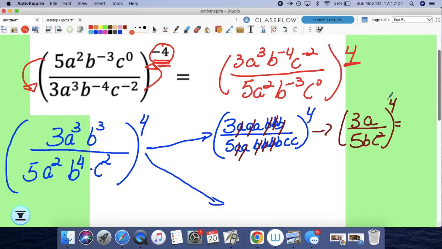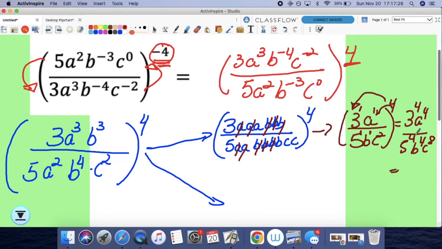From that, I can multiply the 4 times this little 1, the 4 times this little 1, the 4 times this little 1 here, and the little 1 in front of the exponent of b, and c squared. That would be the only one, which would be times 2. So my final answer would be 3 to the fourth power, a to the fourth power, over 5 to the fourth power, b to the fourth power, and then c squared times 4, c to the 8th.